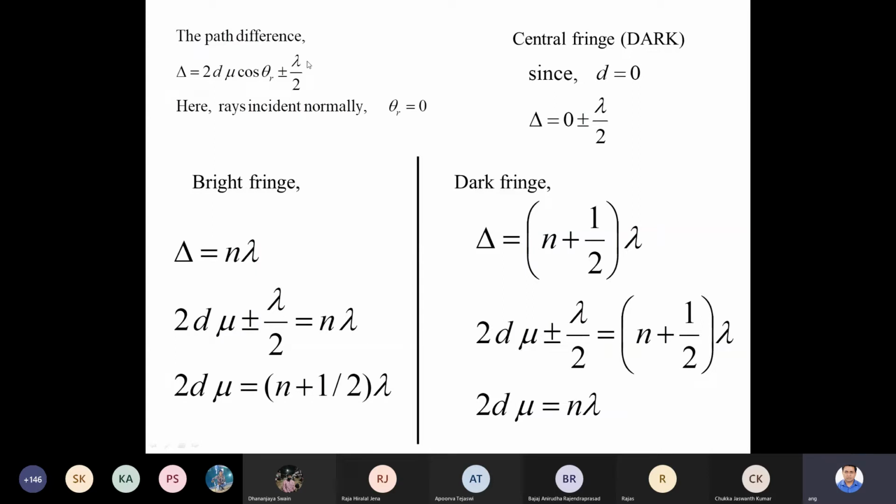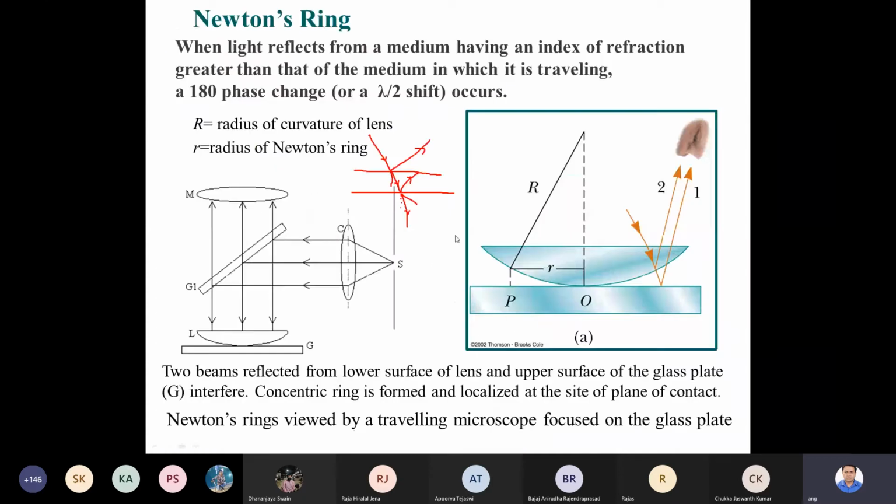Got it? Sir, how is theta r 0? Theta r, okay, for normal incidence, if you have a situation like this, theta r will be very small.